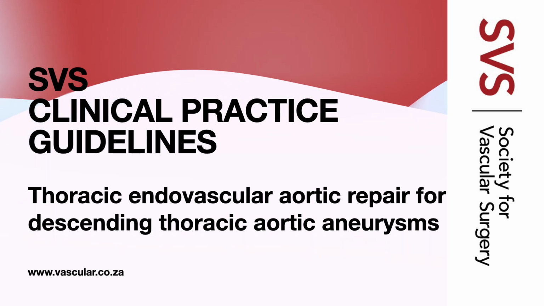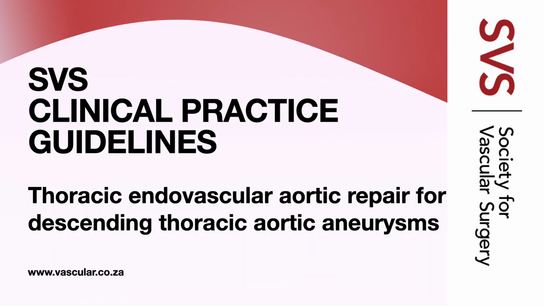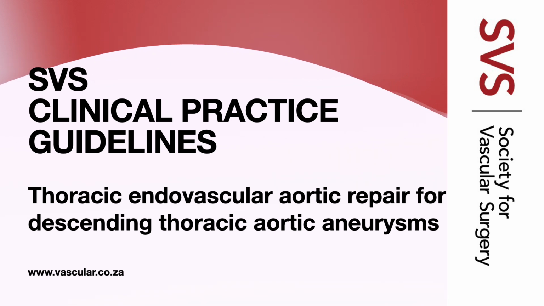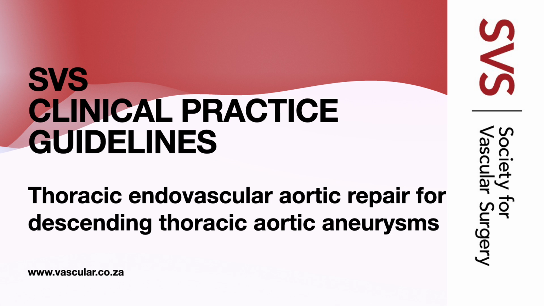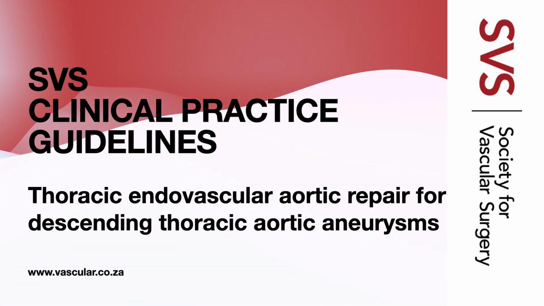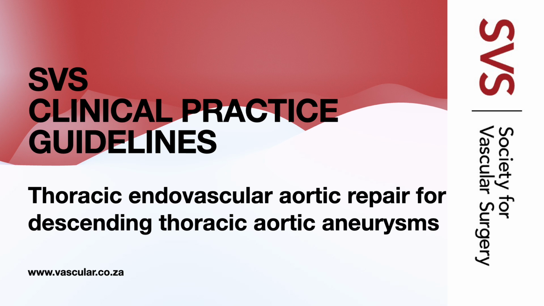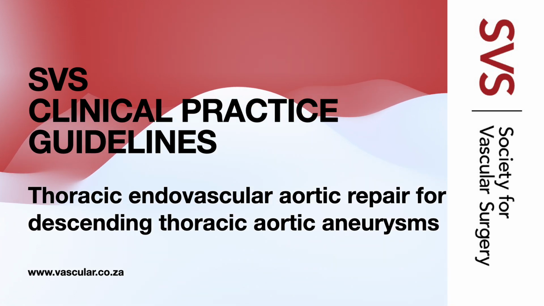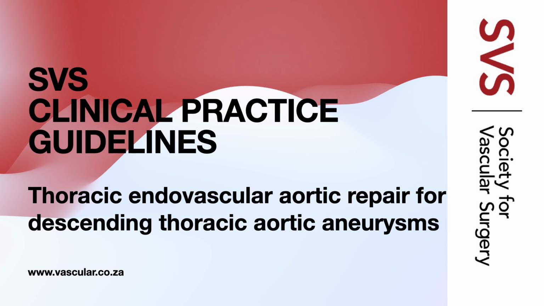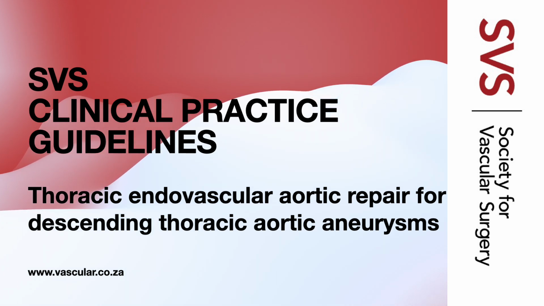So let's just take a moment to synthesize this entire section on risk mitigation. It's quite complex. We've really explored multi-pronged strategies needed to minimize critical risks during TEVAR. This includes those multimodal protocols for protecting the spinal cord, things like controlled hypertension and prophylactic CSF drainage. It also covers the careful, individualized decision-making around revascularizing the left subclavian artery to preserve vital perfusion to the arm, brain, and spinal cord.